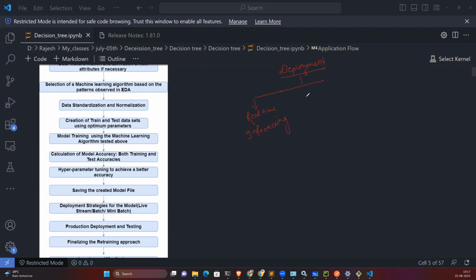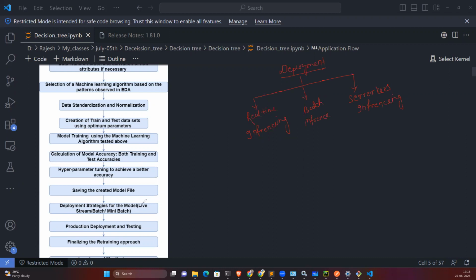Number two is called batch inferencing. Number three is called serverless inferencing. Let's talk about each one by one.